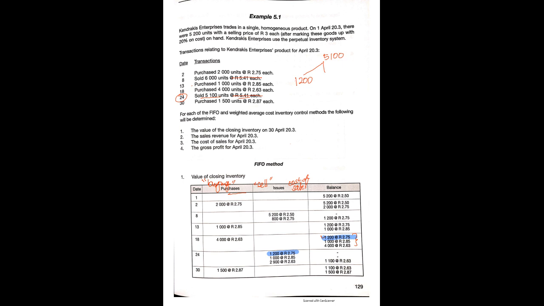So now we need to go to the next set of inventory. So now you can use up or sell off 1,000 units at 2.85. So here, as you can see, again, according to FIFO, it will say under the issues column that it's 1,000 at 2.85.